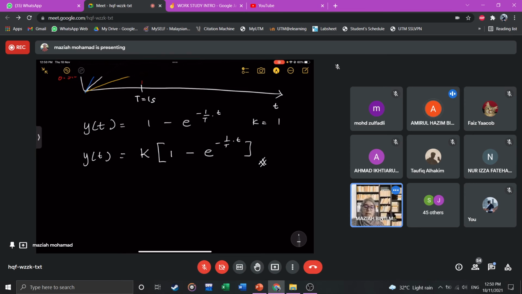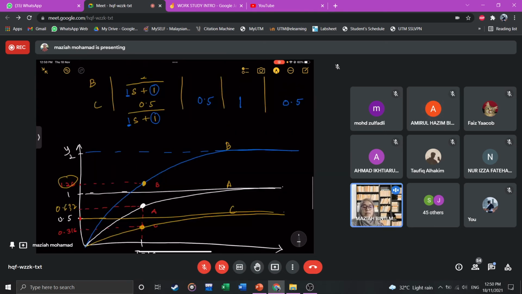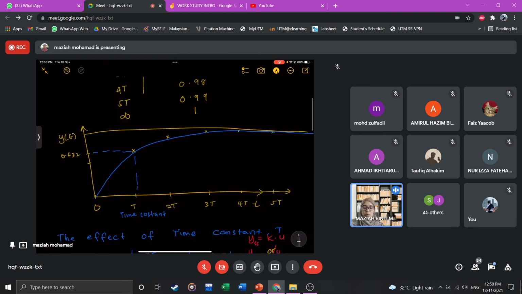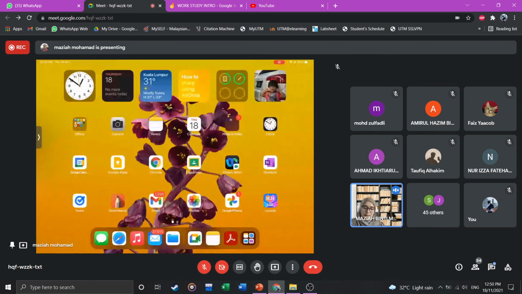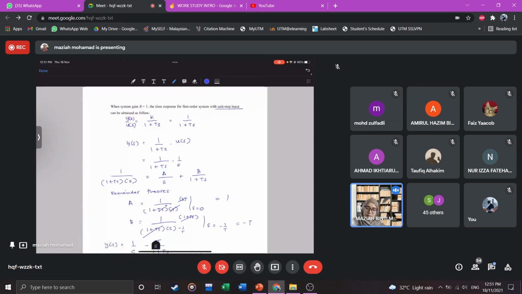Doctor, the Y steady state is K multiply U, right? K multiply U. Yes. Where does U come from? U is the input. When we first derived, we used this system where the input is a unit step input, and we considered K is 1.